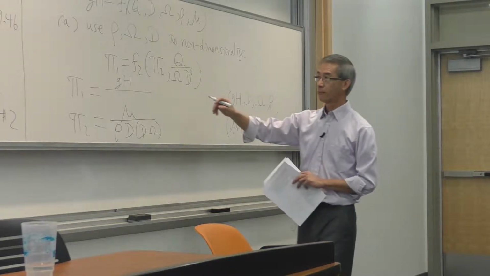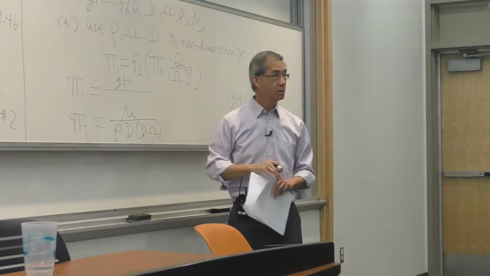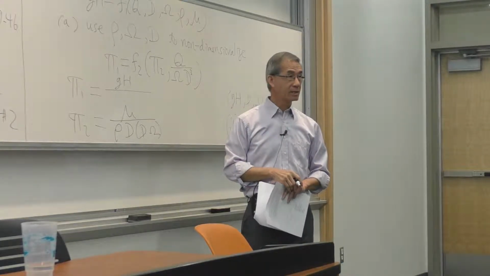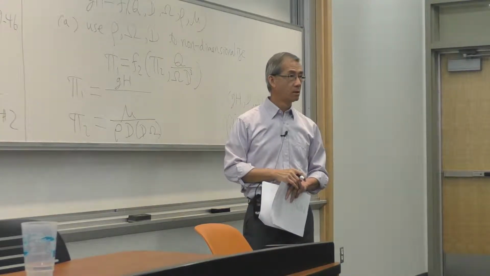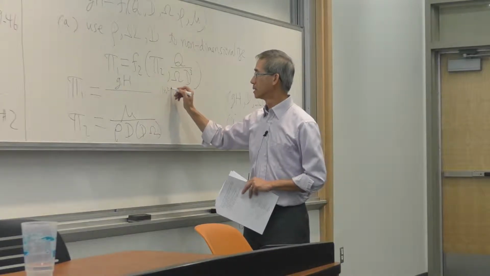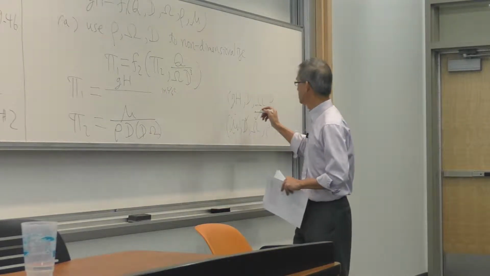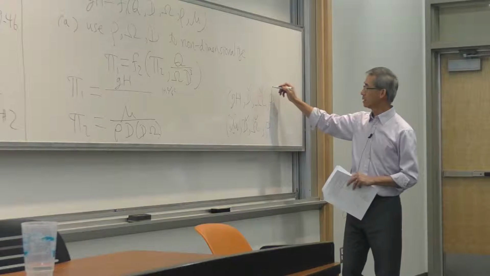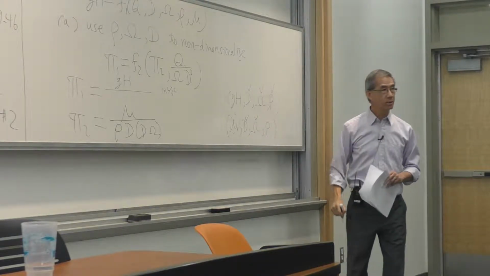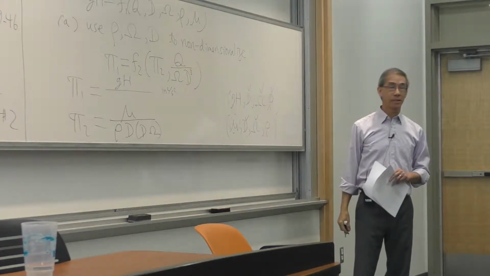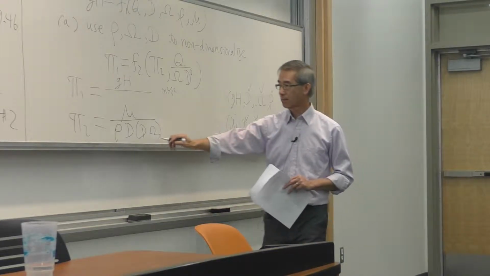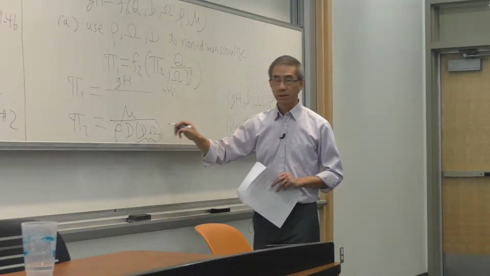So what's the unit of gravity times the height? In SI? Meter squared per second squared. What combination of diameter, omega, and density will result in meter squared per second squared? We just said this combination gives me velocity in meters per second.